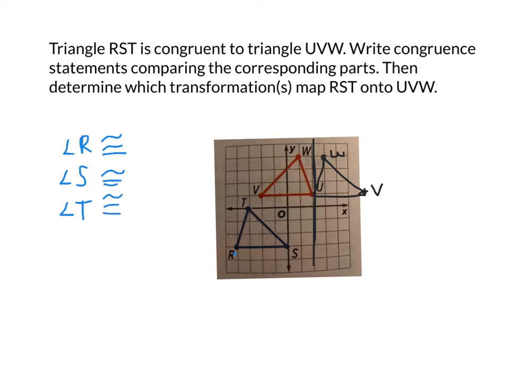Angle R is congruent to angle U. Angle S is congruent to angle V. And angle T is congruent to angle W. Again, I'm going to do the same thing with my sides.